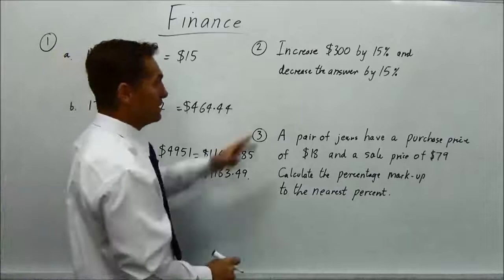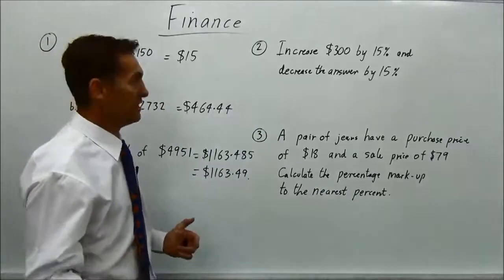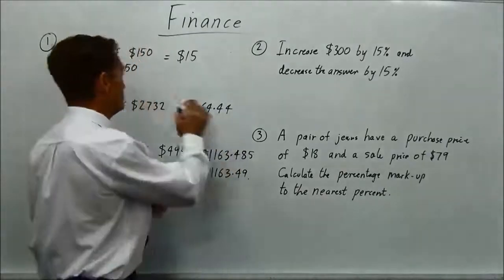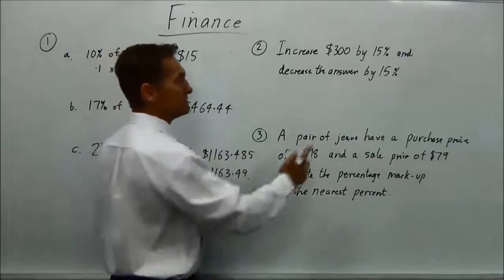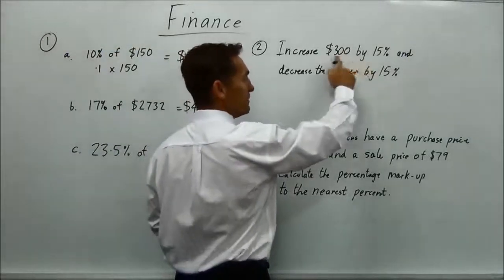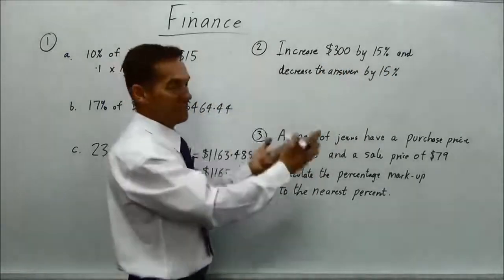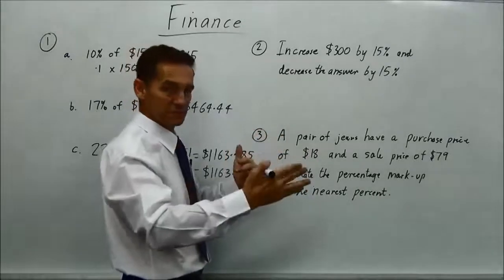Okay? Next one, increase $300 by 15% and then decrease the answer by 15%. Again, using decimals I think is faster in this instance. You can do it by figuring out what is 15% of this, adding it on top, and then figuring out 15% of the answer and then taking it off, but it's a lot more steps.